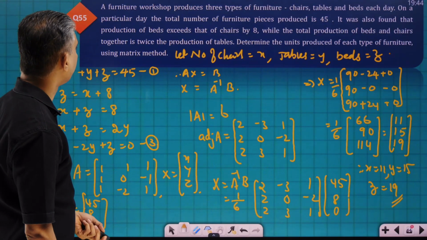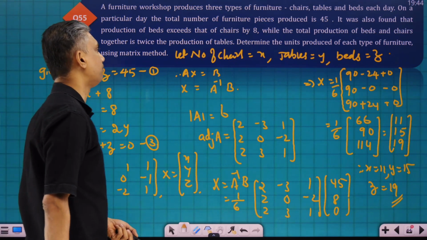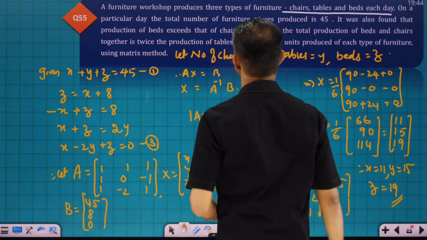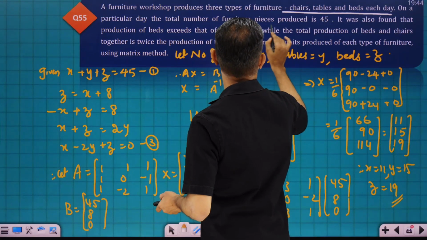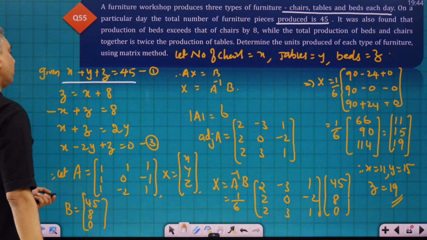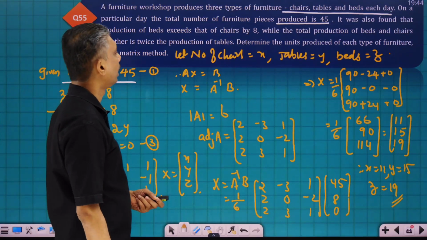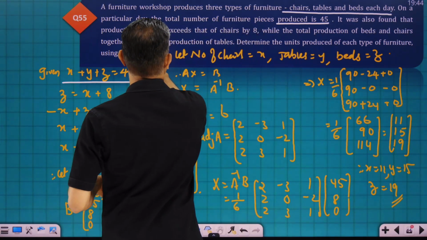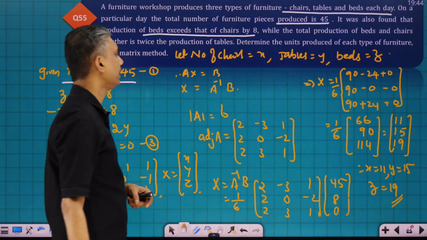Now, question 55. A furniture workshop has 3 types of items: chair, table and bed. The total number is 45 in a day, so X plus Y plus Z is equal to 45. It was also found that the production of bed exceeds the chairs by 8.